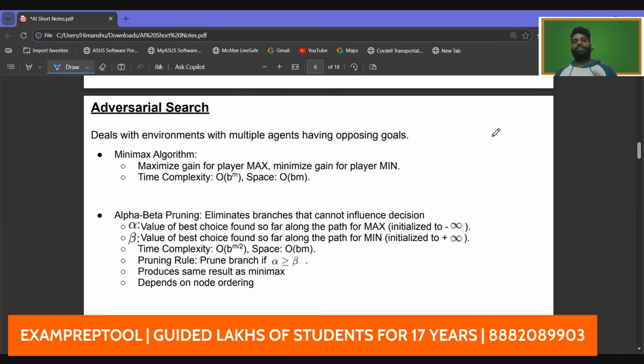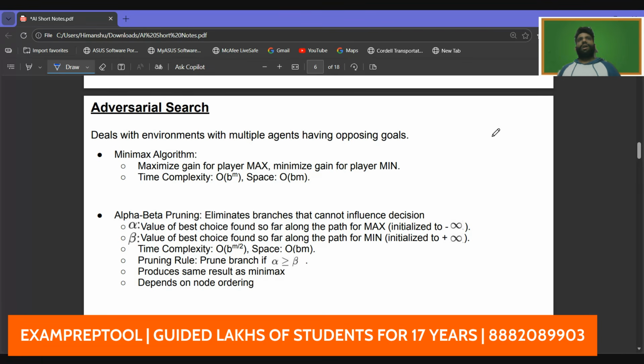So we should be eliminating those branches which cannot influence our decision. Here we use two important parameters, alpha and beta, which are learned step by step while going from the leaf up. These are being learned, and they help in removing some of the branches.